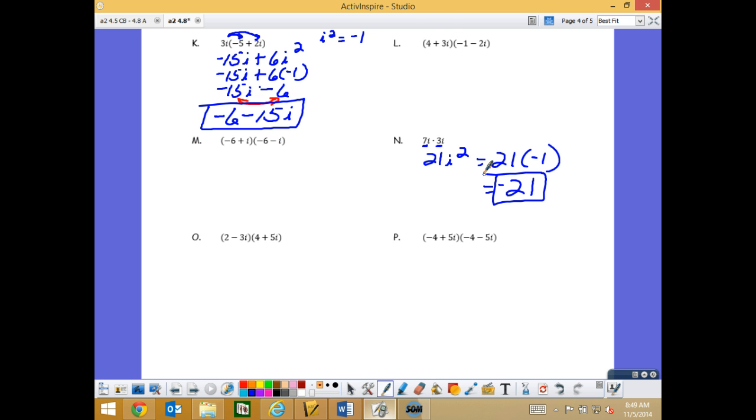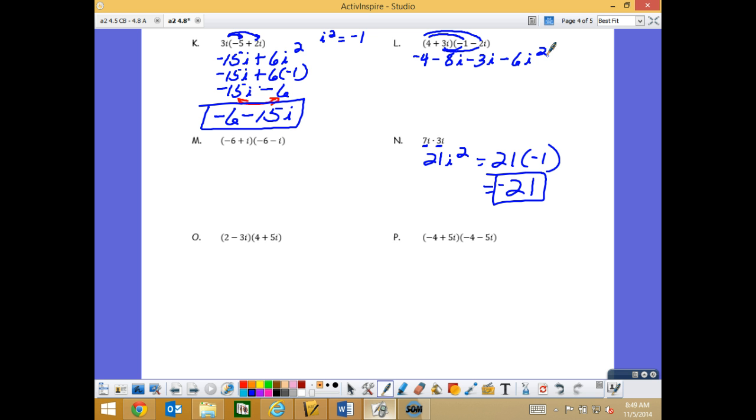So when we FOIL, we take 4 times negative 1, which is negative 4. 4 times negative 2i, which is negative 8i. 3i times negative 1, which is negative 3i. And 3i times negative 2i, which is negative 6i squared.